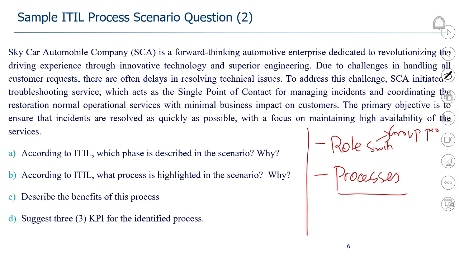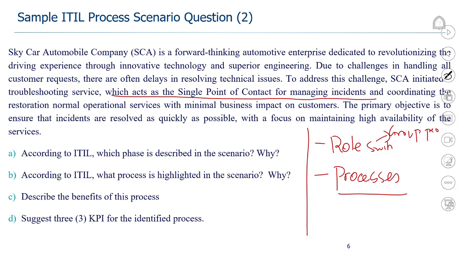So Skyka Automobile is a forward-thinking company, but that's really nothing. Due to the challenges in handling all the customer requests, there are often delays in resolving technical issues. To address this challenge, SCA initiated a troubleshooting service, which acts as a single point of contact. So that is a role.